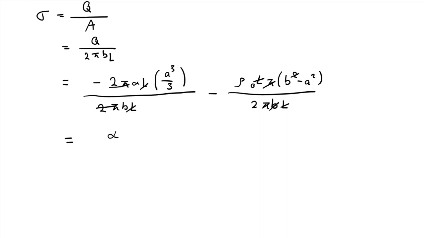Alpha A cube over 3B minus rho naught over 2 bracket B square minus A square over B. And that is the final answer for surface charge density when r equals B.